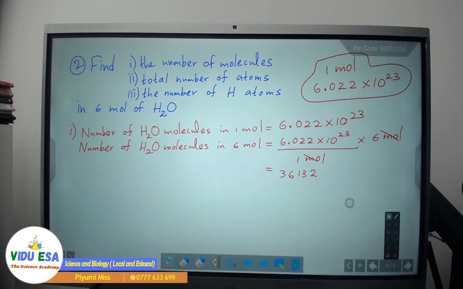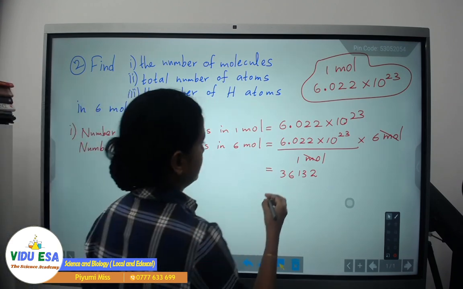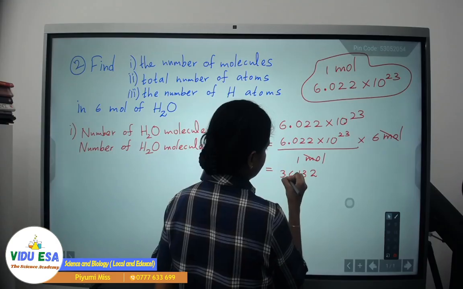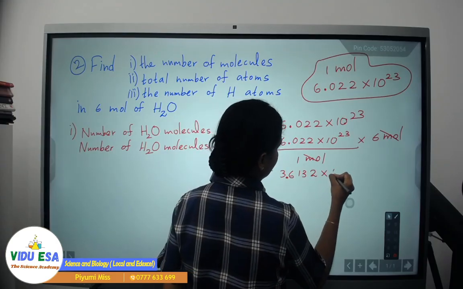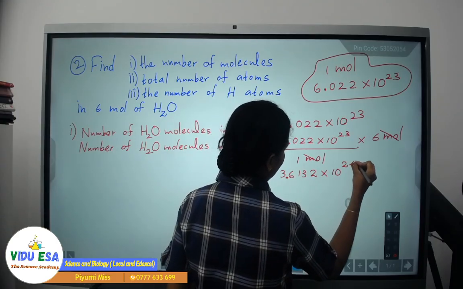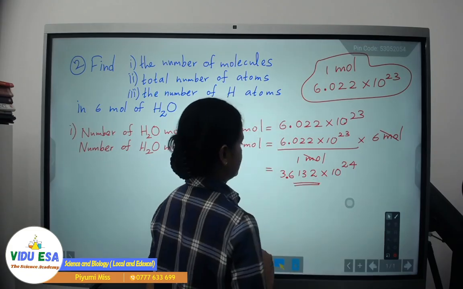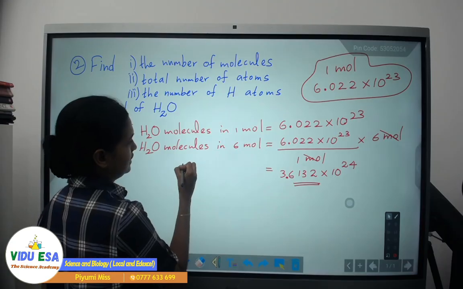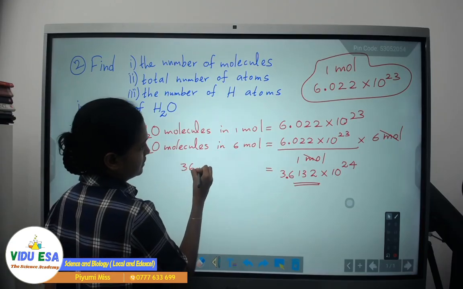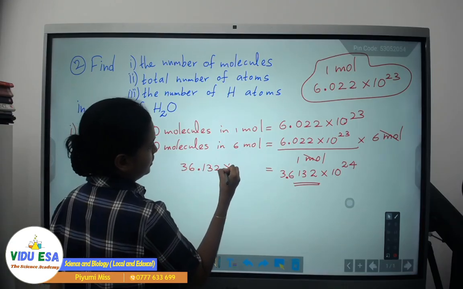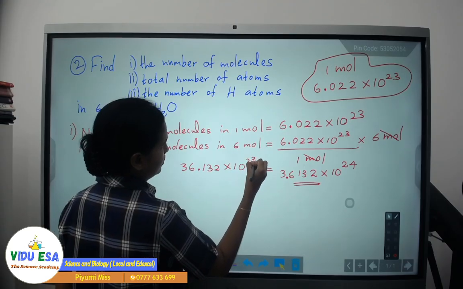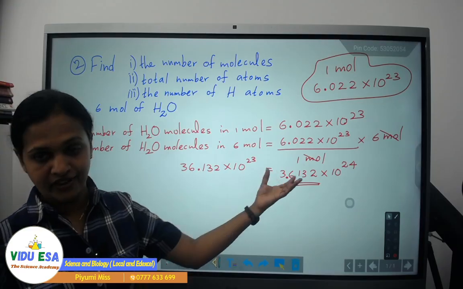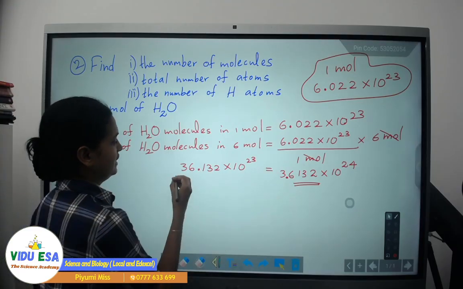Therefore, I write it as 3.6132 into 10 to the power 24. That is my answer. 36.132 into 10 to the power 23, no. So, in the standard way I wrote it like this.